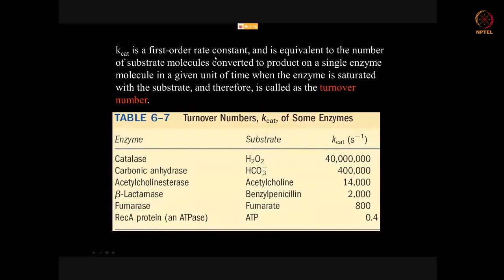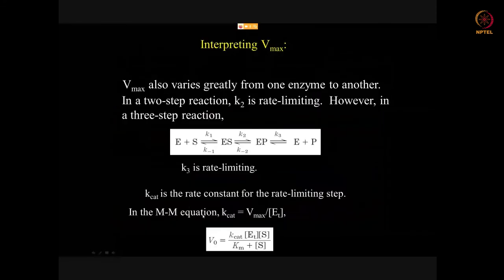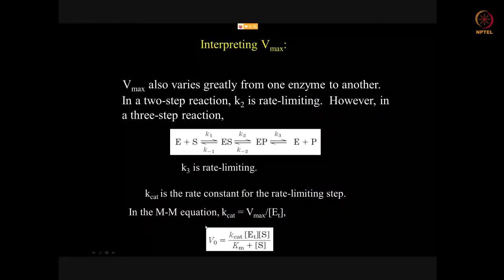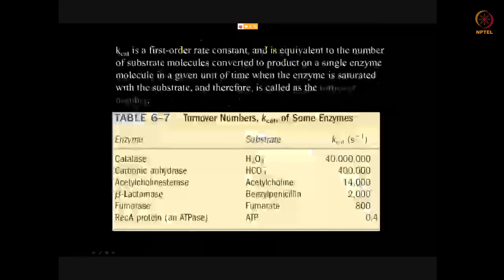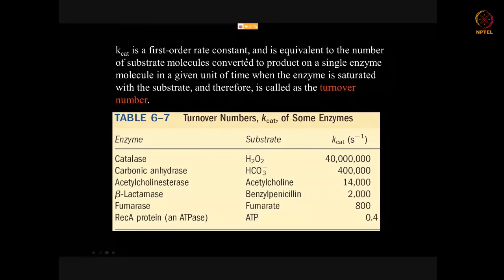So it's a first order rate constant because it is not dependent on substrate concentration. It is simply Vmax by Et, and as a result, it is a first order rate constant, not dependent on the concentration of the substrate. And this is what you need to really remember.